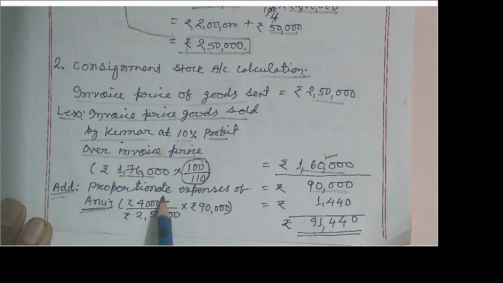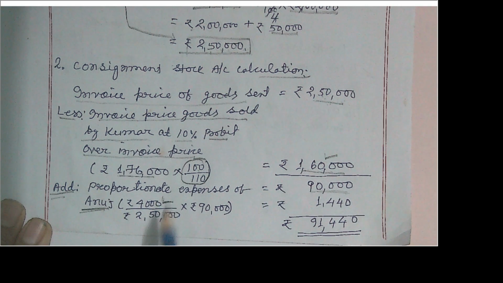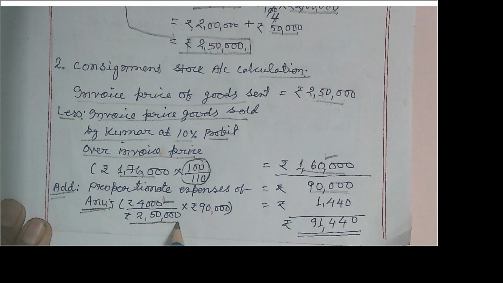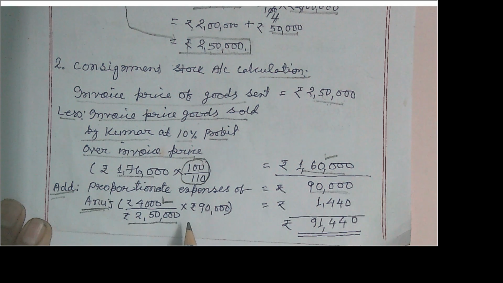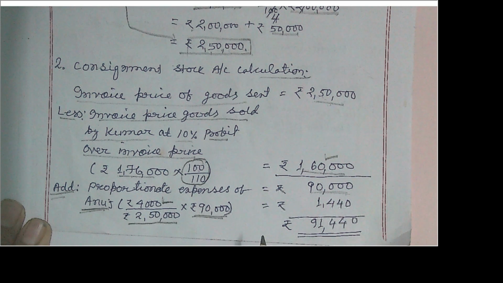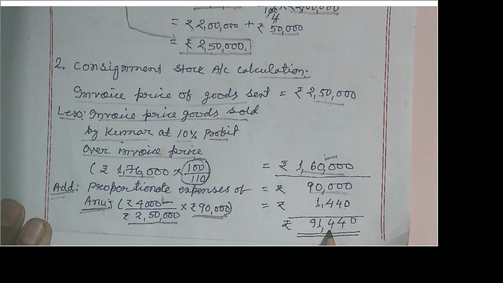Now 4,000 is spent for sending 2,50,000 value of goods. Then what is the amount spent for 90,000 value of goods? When you calculate it, you will get 1,440, and this is the value of consignment stock account at invoice price.